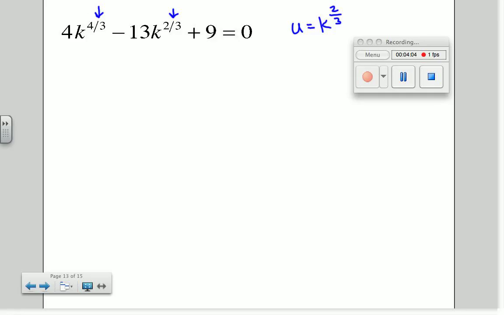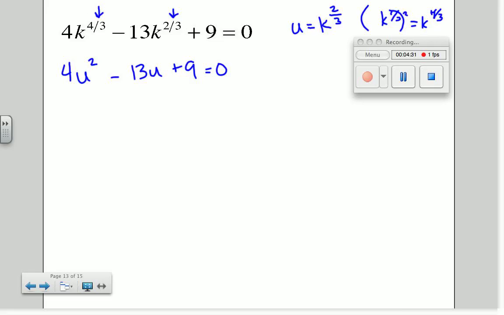So here we have 4. Since it's k to the 4/3, if I raise k to the 2/3 squared, that would give me k to the 4/3. So I'm going to go ahead and use u squared instead of k to the 4/3. Minus 13u plus 9 equals 0. Oh, that's so much nicer.